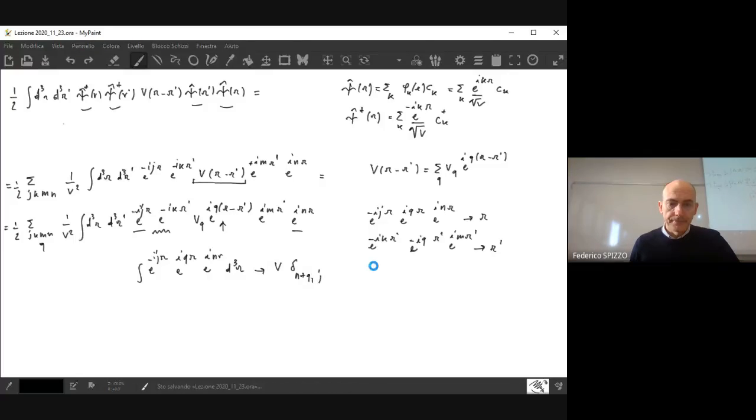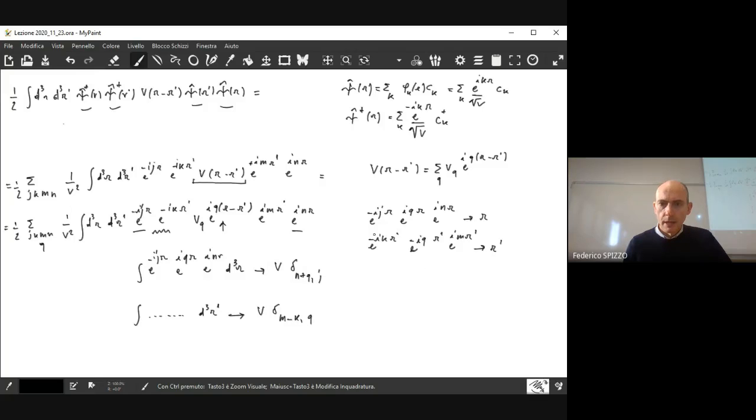And the same, due to the same method, the integral over d3r prime corresponds to, again, a volume. And then we have the Kronecker delta where we have m minus k minus q, since the summation of m minus k minus q has to be equal to 0. So due to that, we may just rewrite this integral as 1 divided by 2.